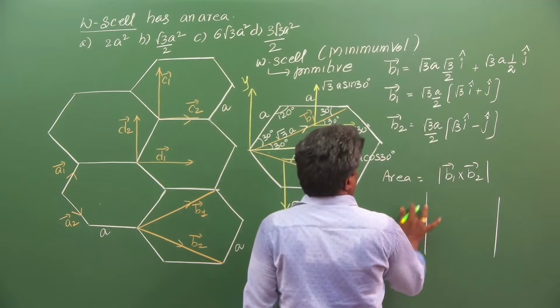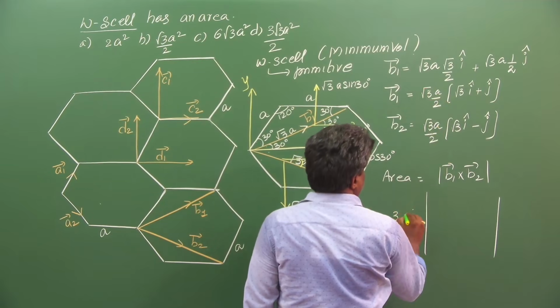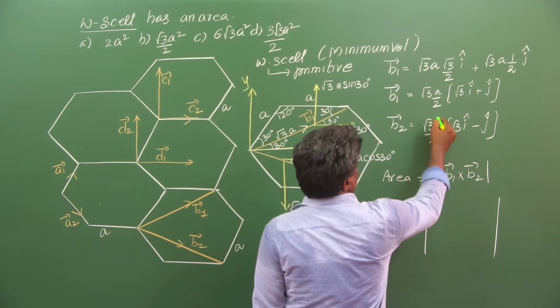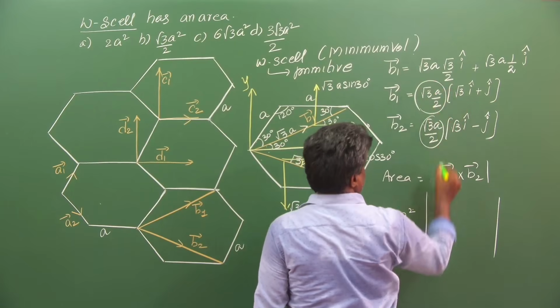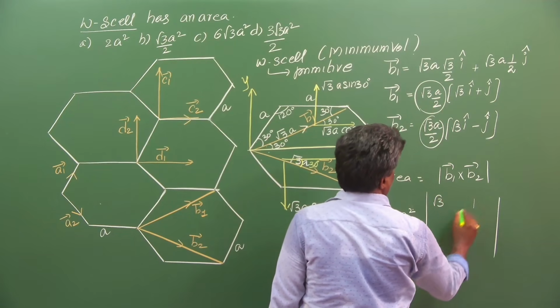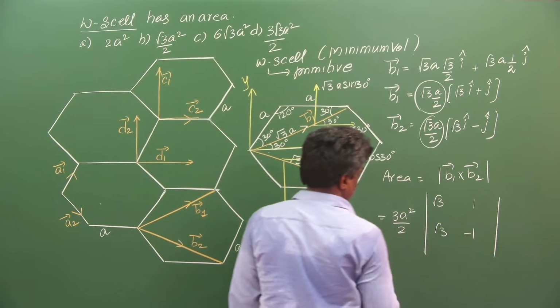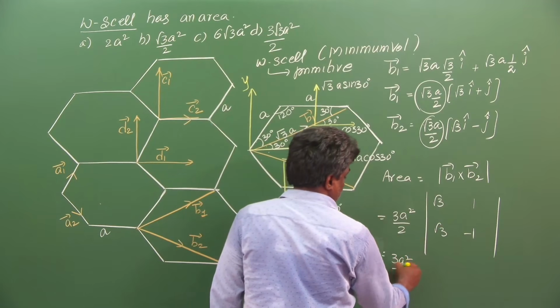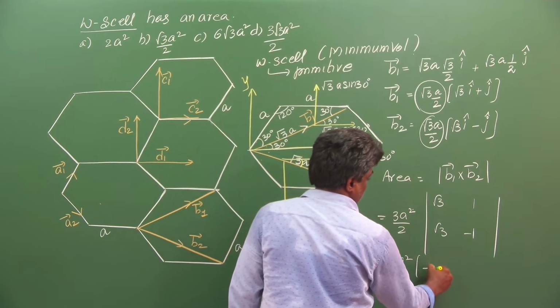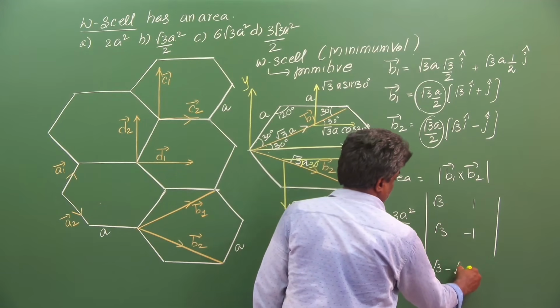If you multiply these two, this is 3a square by 2 outside, because root 3a by 2 times root 3a by 2. So this is root 3 times 1, root 3 times minus 1. 3a square by 2 times minus root 3 minus root 3.